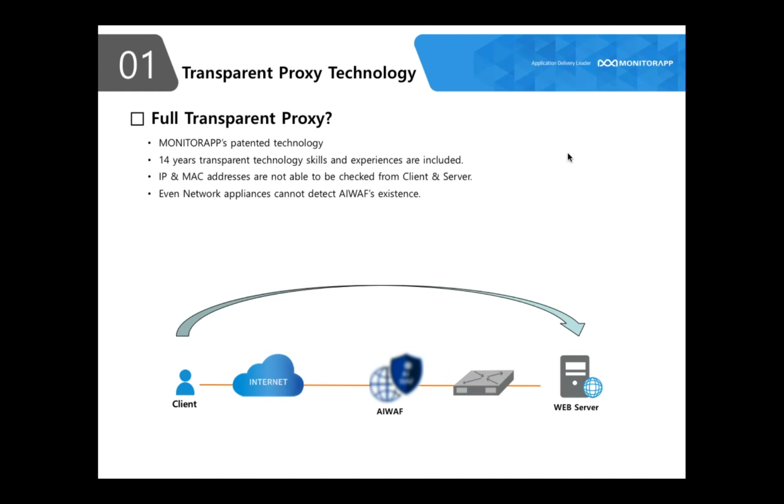So, as I explained in the transparent proxy technology, clients will access the web server. But actually, the client accesses the AIWAF system, for example, and AIWAF is one of the Monitorapp products, and clients access the Monitorapp product, and the Monitorapp product actually accesses the web server.